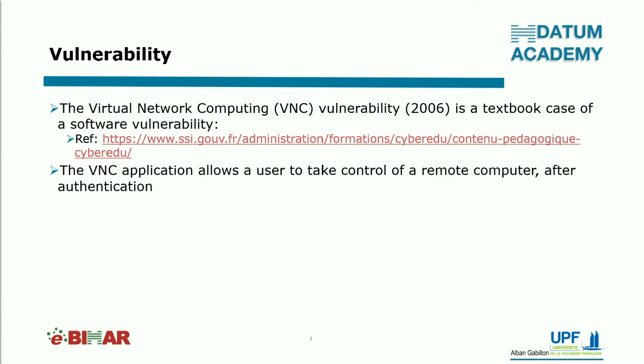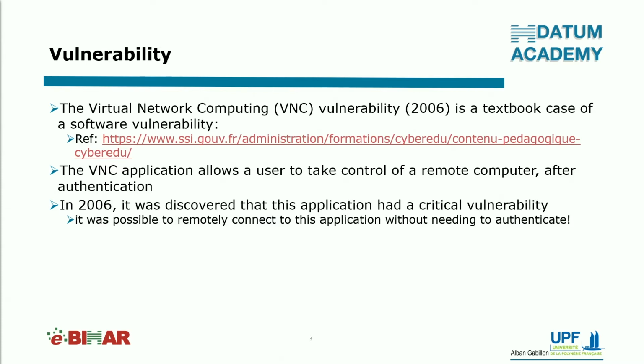It's a client-server application in which the server is installed on an end user's computer and the client is installed on a computer owned by an administrator. This application is mainly used for the remote administration of users' computers. An administrator connecting to a VNC server installed on a user computer must authenticate himself.